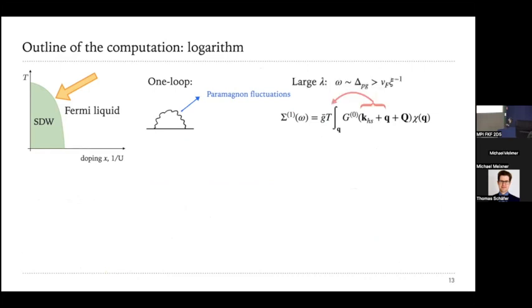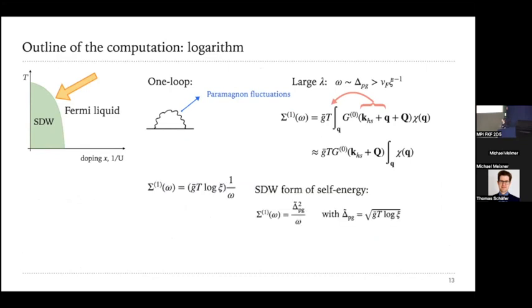And one can show that in this limit, it is enough to pull the fermion Green's function out of the calculation and obtain the self-energy by only integrating out the spatial fluctuation of the boson.